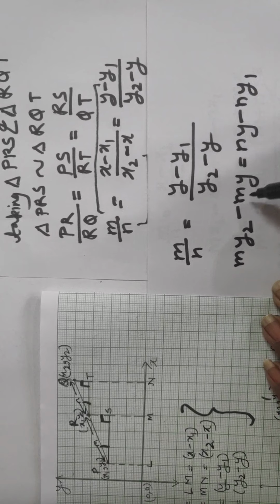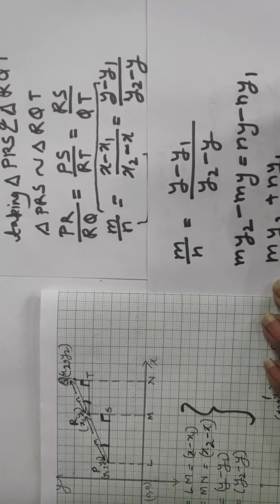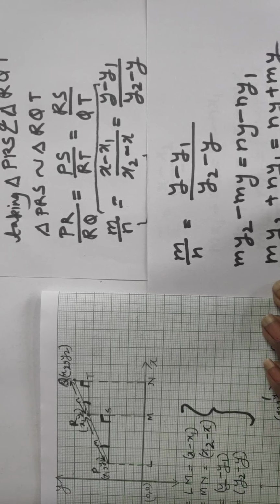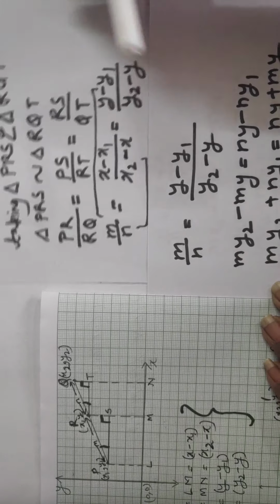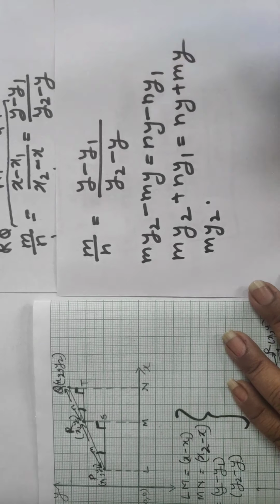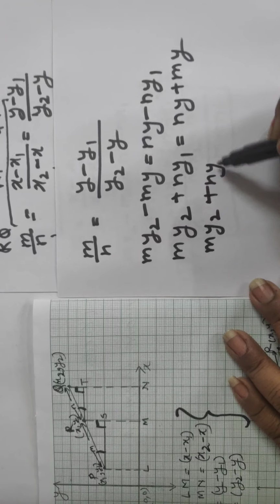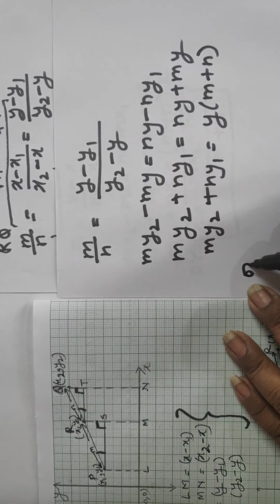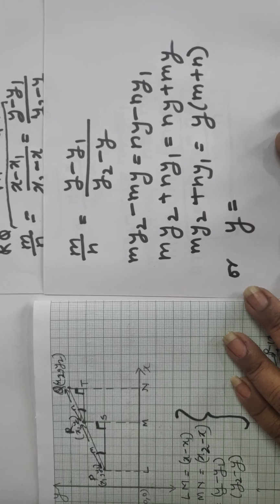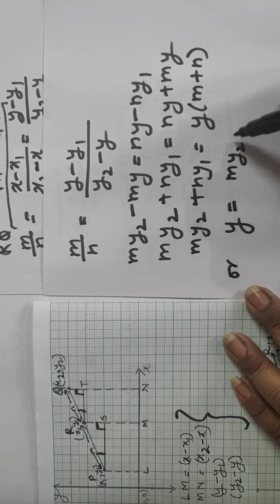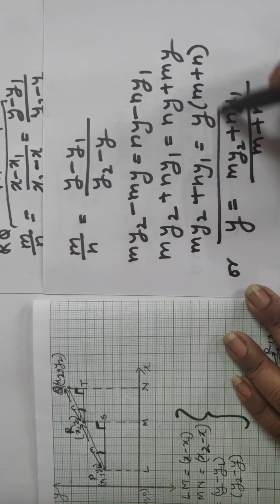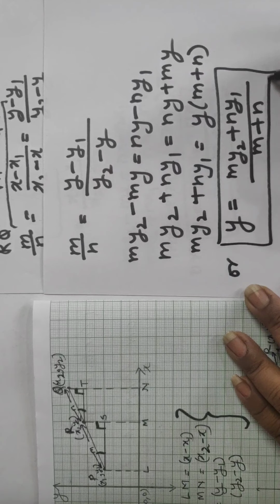Now again we will take this to the right hand side and we will get my2 plus ny1 is equal to ny plus my, or we can say that my2 plus ny1 is equal to, taking y common, m plus n times y, or the value of y will be equal to my2 plus ny1 upon m plus n. So this is the value of the y ordinate.